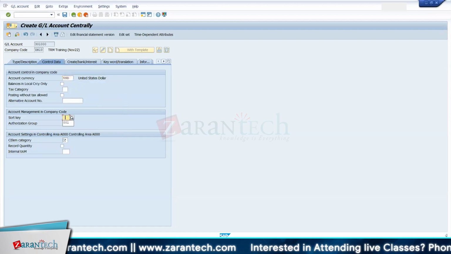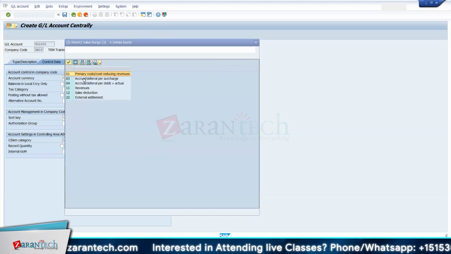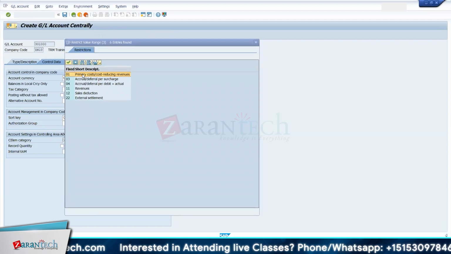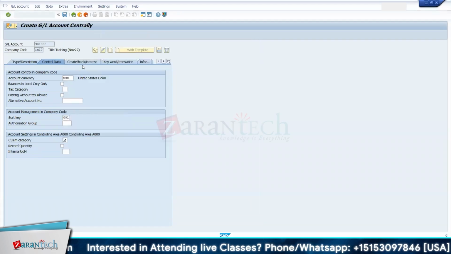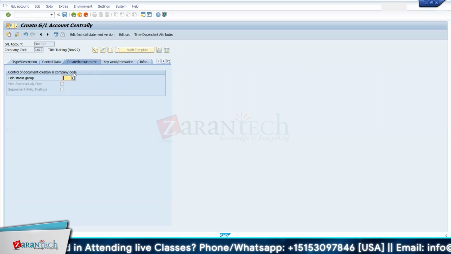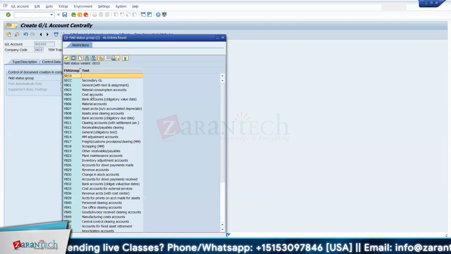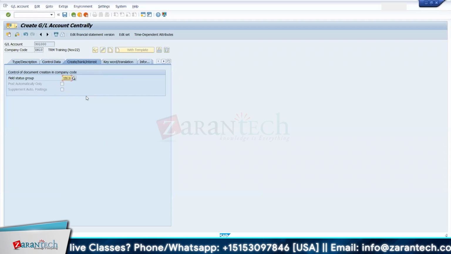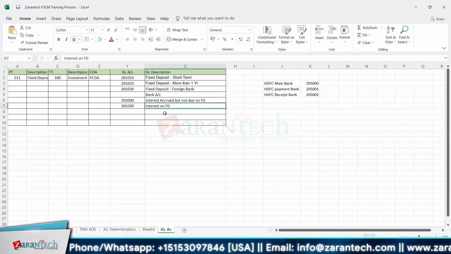A short key, I'll maintain this. Account category will be 0. Then cost element group, we will keep this cost account. So this is done.